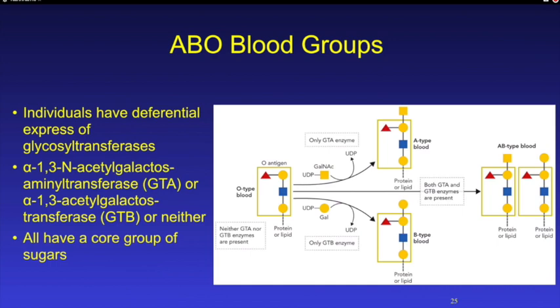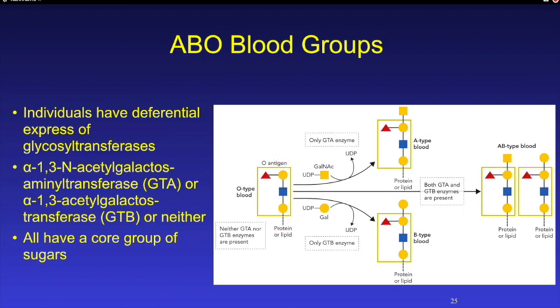Now, why in the world would we have different blood types? Well, it depends upon which glycosyltransferase that you are expressing, whether you express one, both, or none. And so when sugars are being synthesized, if you have neither the version that is GTA or GTB, then what you will end up being is an O antigen or an O blood type.